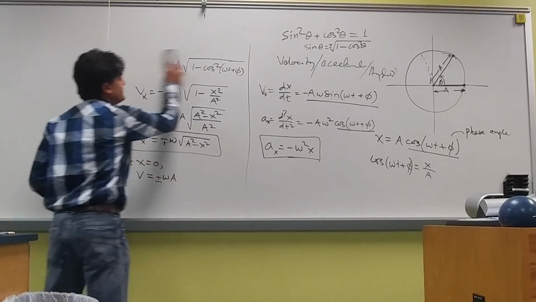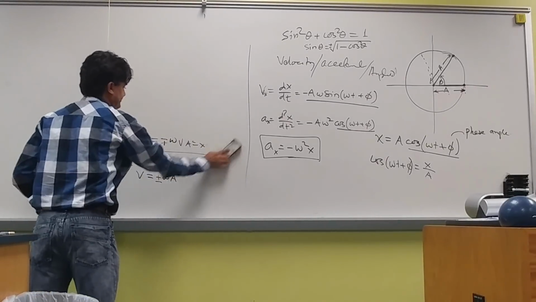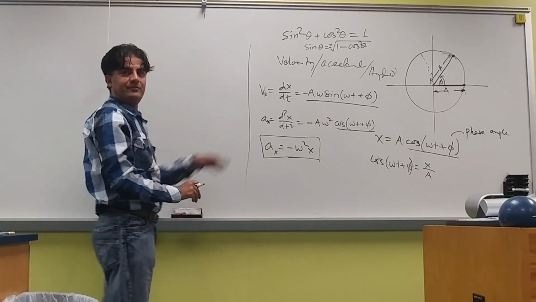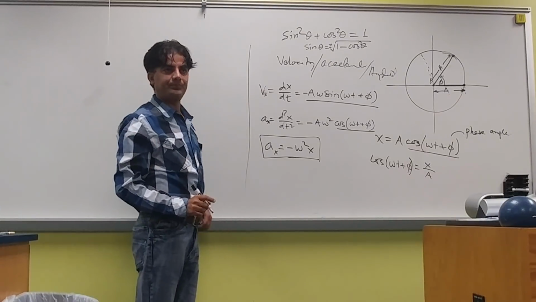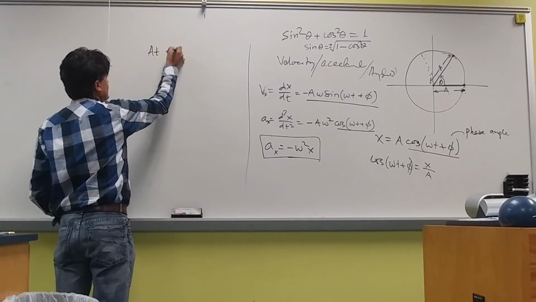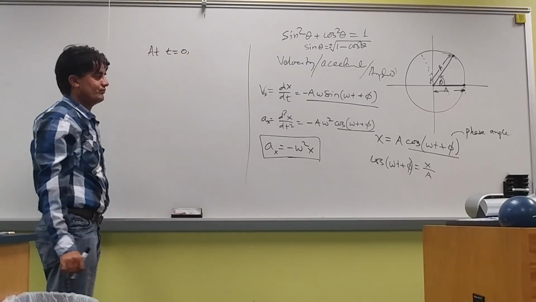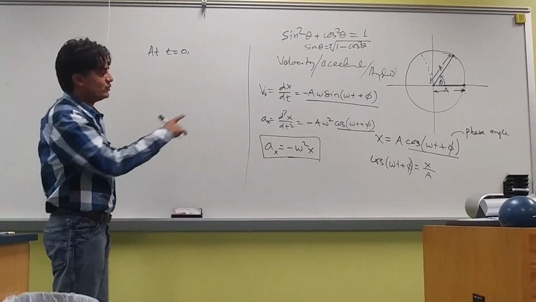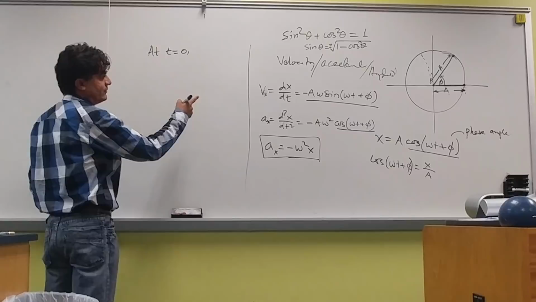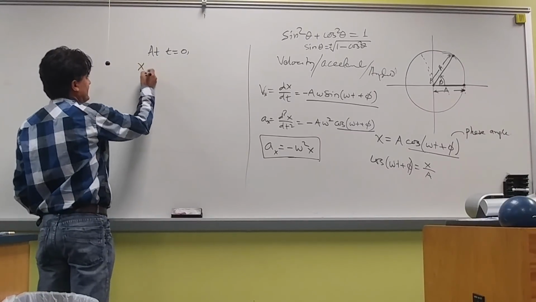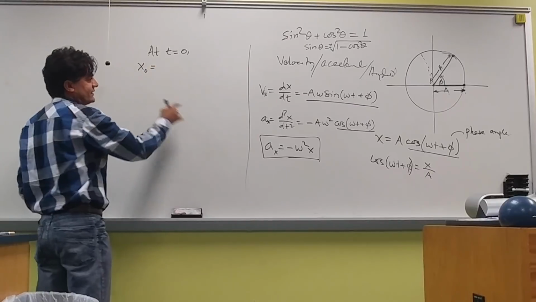Okay, how will you calculate phase, like the angle phi? At t equals 0, what happens to your x?